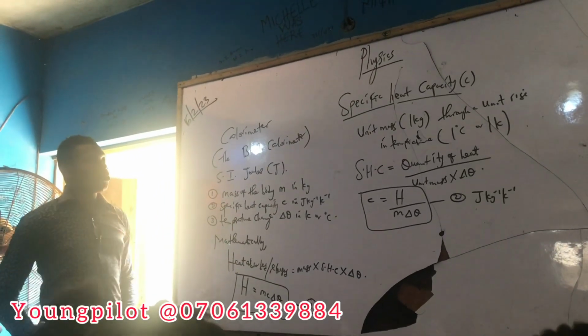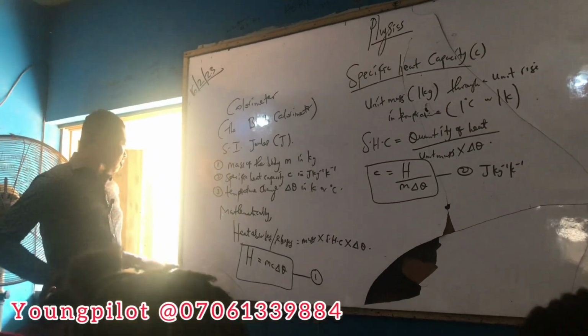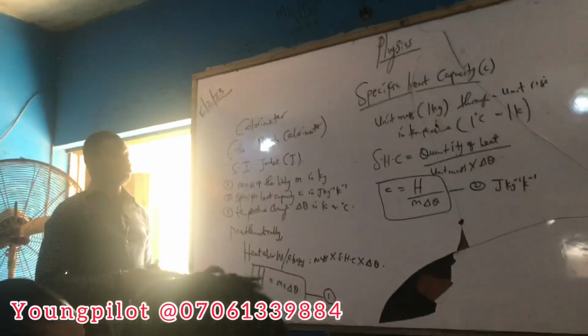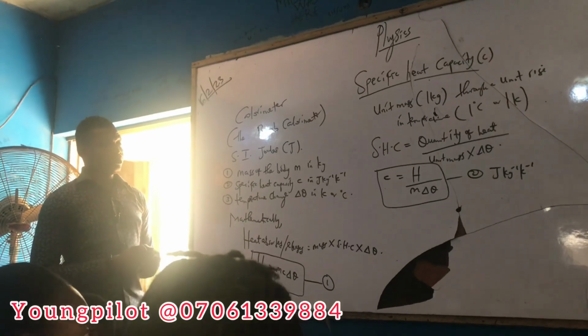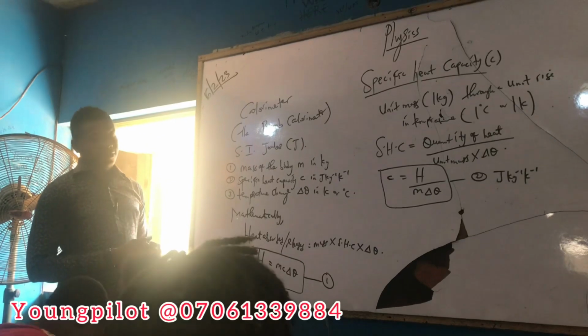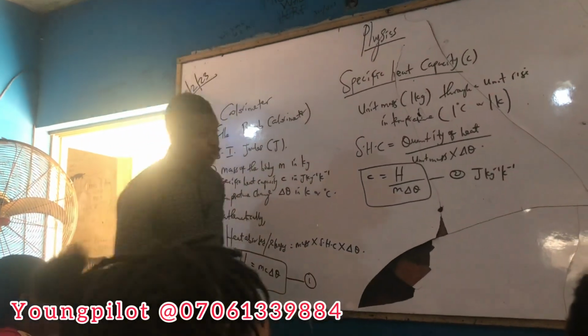So let's write some quantities and their specific heat capacity, some objects. There are some materials we just need to know, for the sake of constants. I only mentioned two.